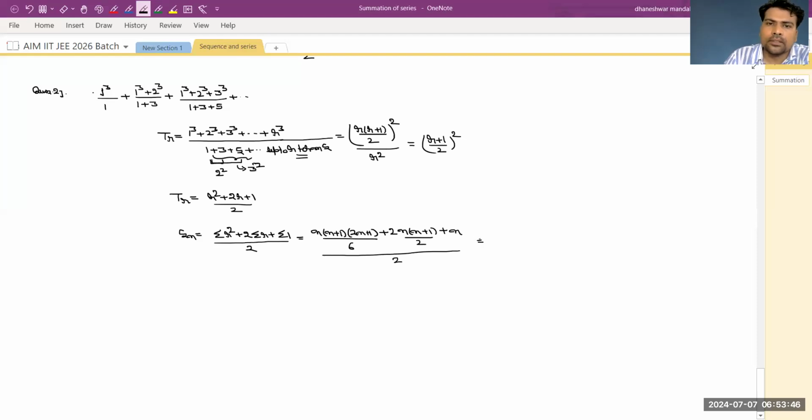Is this clear? So now I can cancel this term, and if I take n common from the first 2 terms, then here I get (2n plus 1 plus 6) divided by 6, and this is 6n if I take the LCM, and here we have 12. Okay, so if I take n common from these two terms, then n plus 1 is remaining, and here we have 2n plus 7, and plus 6.